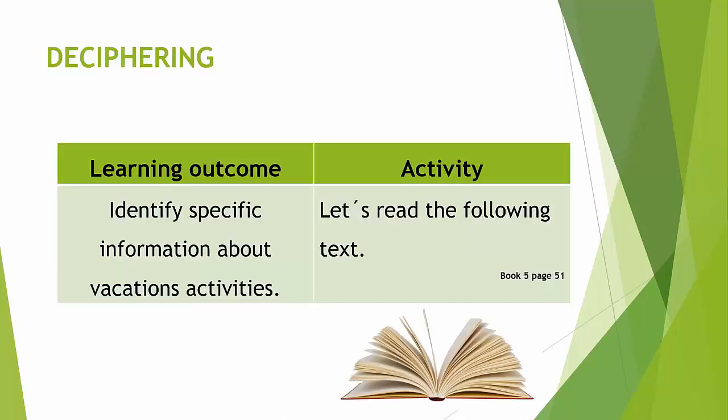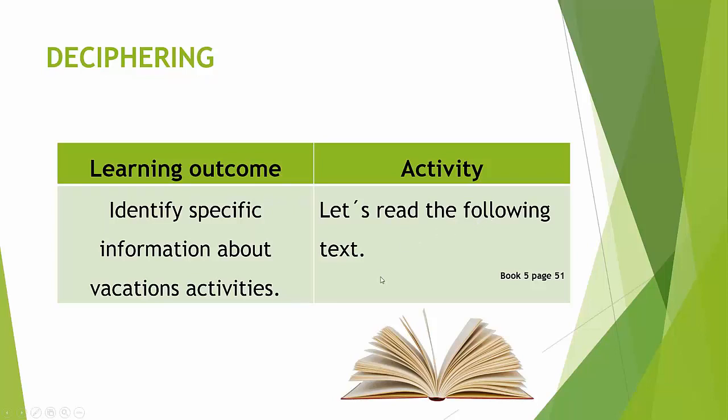Let's explain the deciphering part, the phases. What are the phases? Well, deciphering is the first part. In this case, the learning outcome identifies specific information about vacation activities.